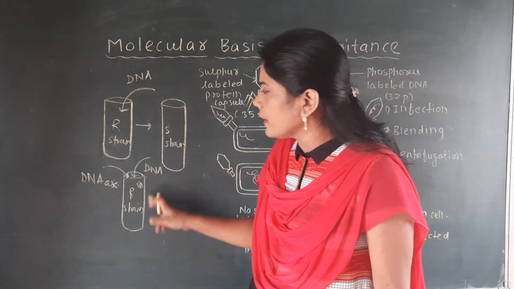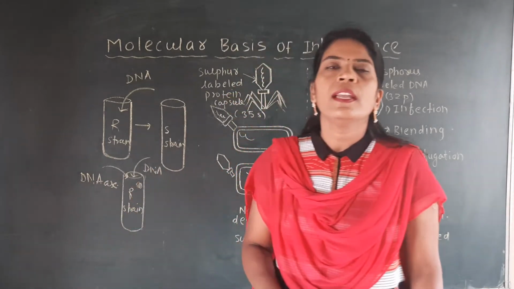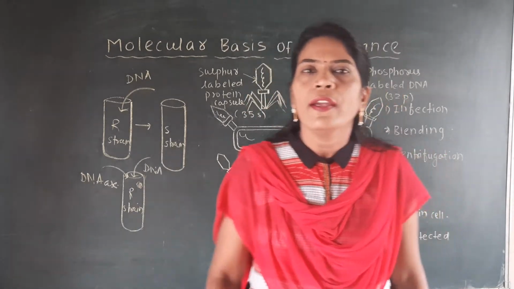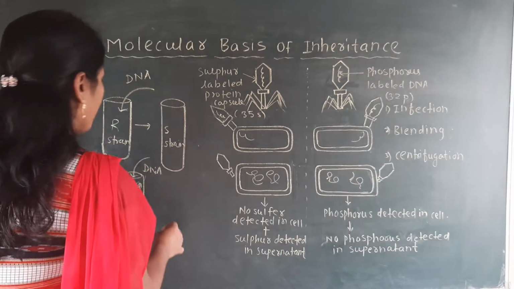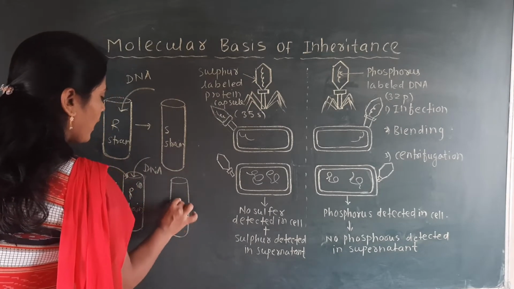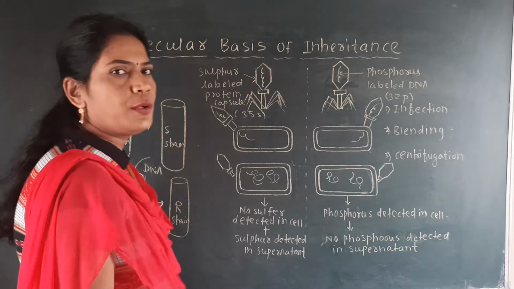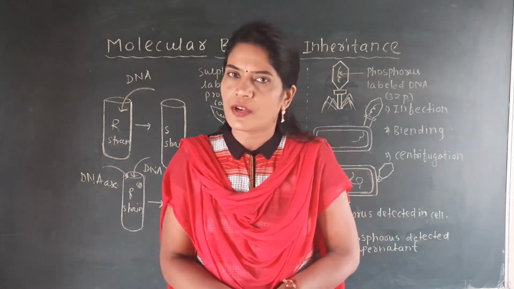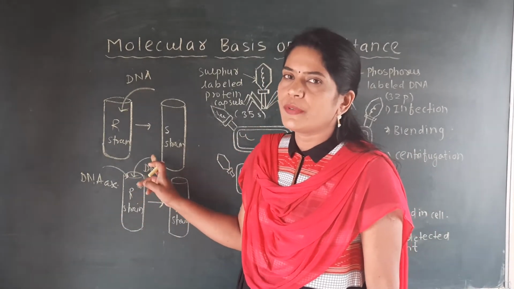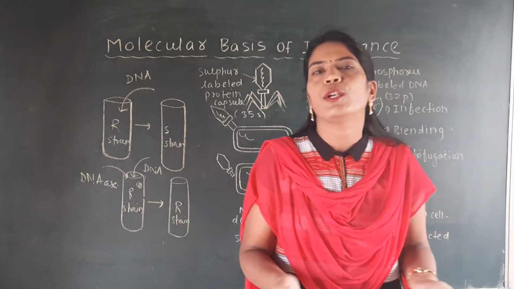And due to what happened? Due to the digestion of this DNA by the DNase enzyme in the test tube, the DNA is not taken by the R strain, and that's why when we analyze the result, you will find that in the test tube the R strain remains as it is. They do not get converted into the S strain, because the DNase enzyme digests the DNA, due to which the DNA is not taken inside the R strain, and the R strain cannot be converted into the S strain.